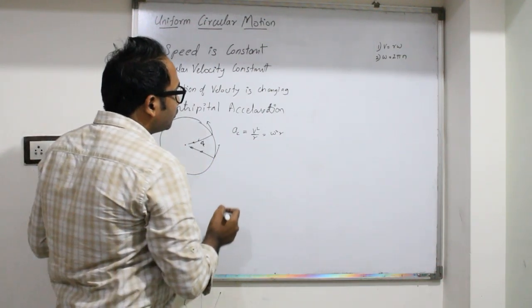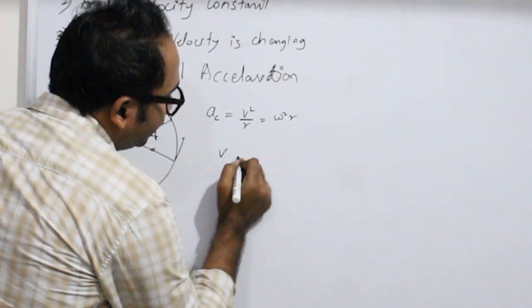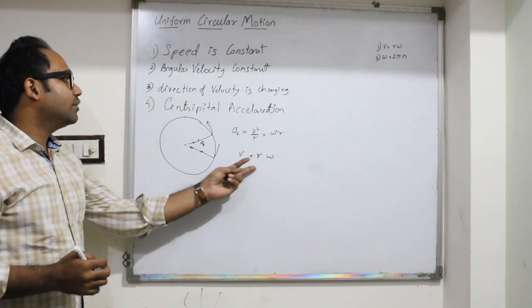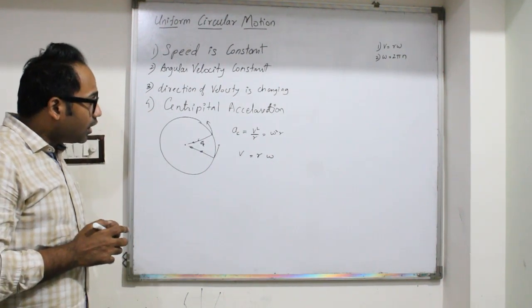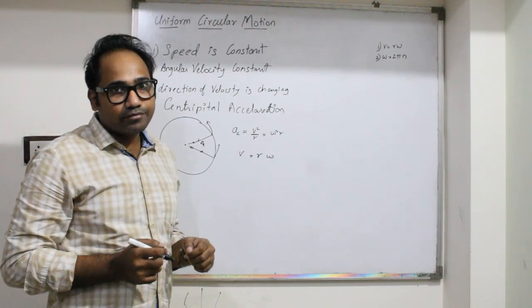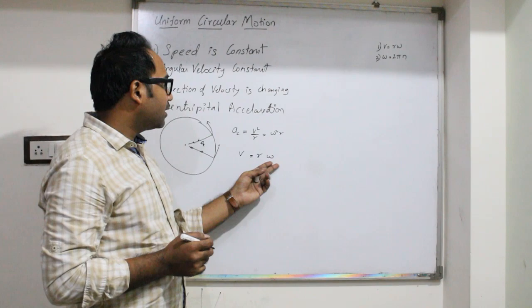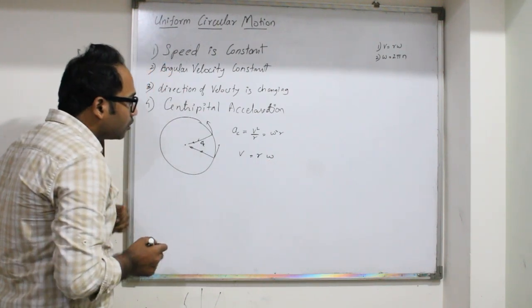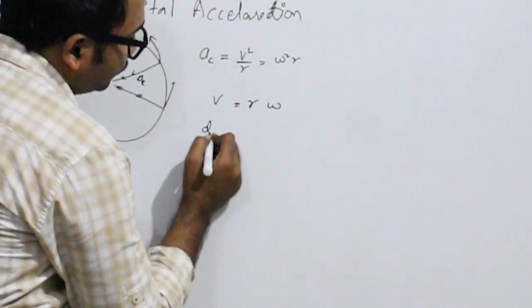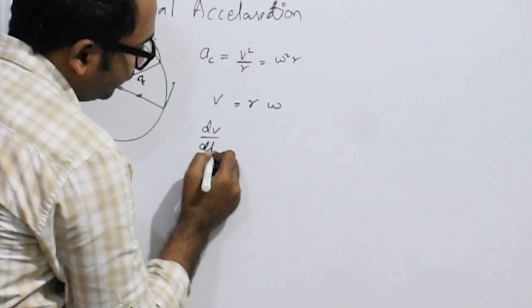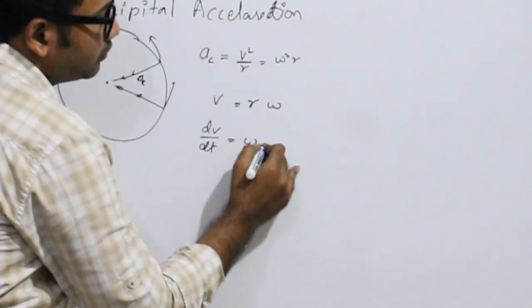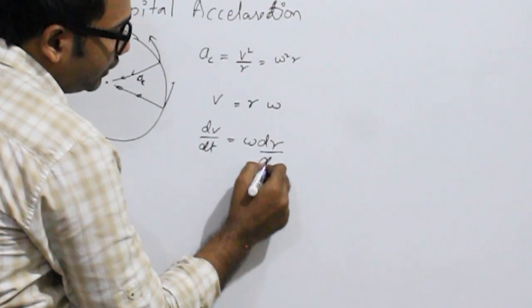So we know that v is equal to r omega. Now we know that omega, our angular velocity, is constant. So we have to take the derivative on both sides with respect to time. So dv by dt is equal to omega, since it's a constant it will come out, times dr by dt.